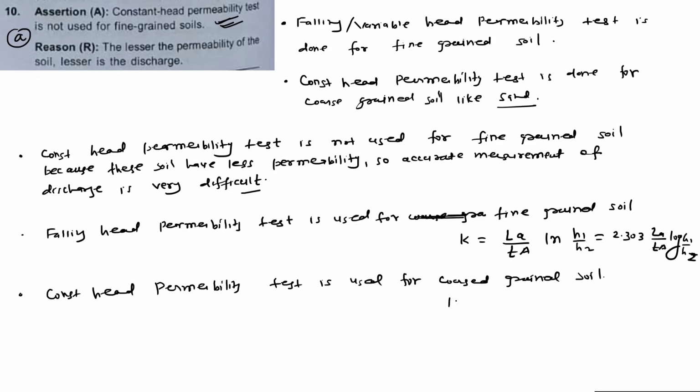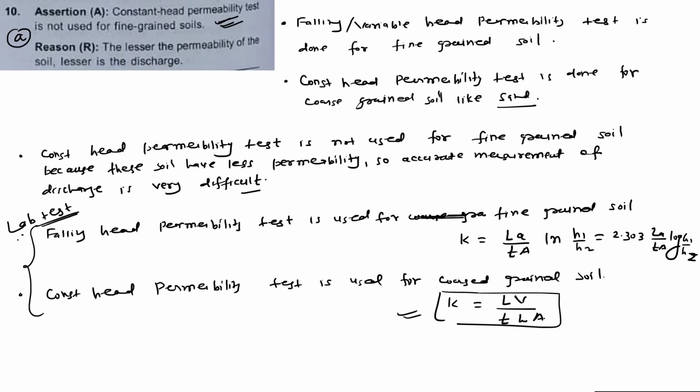And in this case, K is given by L into volume divided by T H into A. This is the permeability in this case. Okay, and these two tests are lab tests. So now we will discuss question number 11.